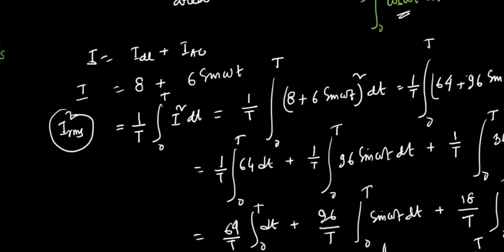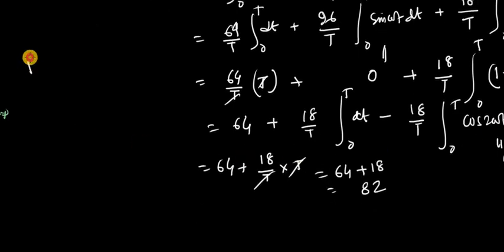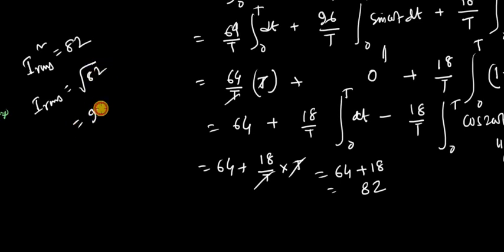So I_RMS square is 82. Then how is I_RMS? Our I_RMS becomes root of 82, and this is nothing but 9.05 ampere.